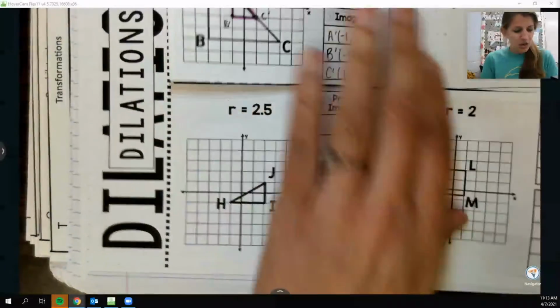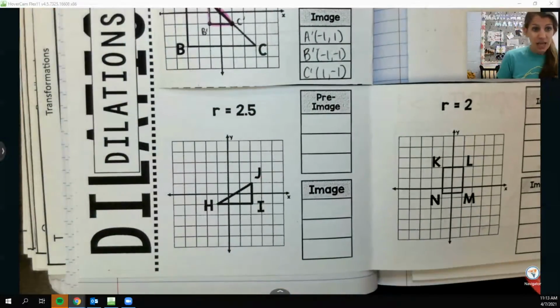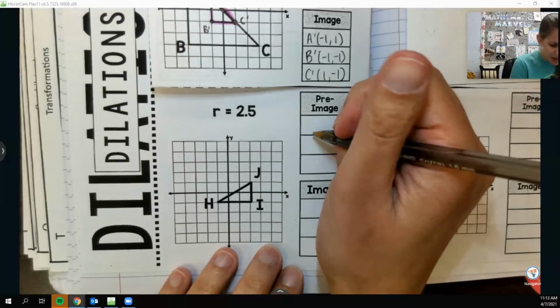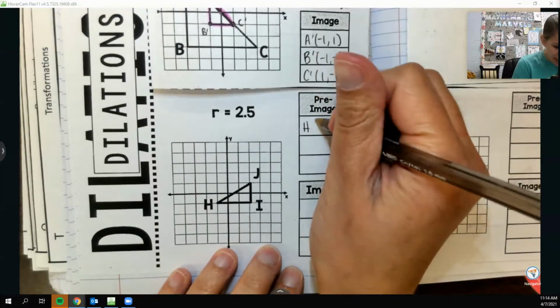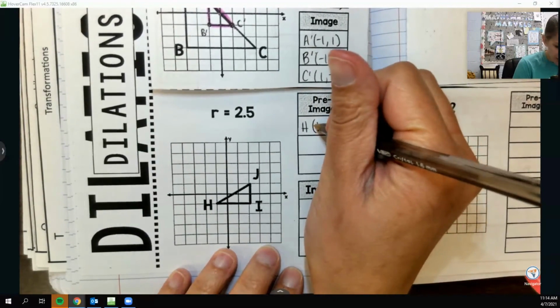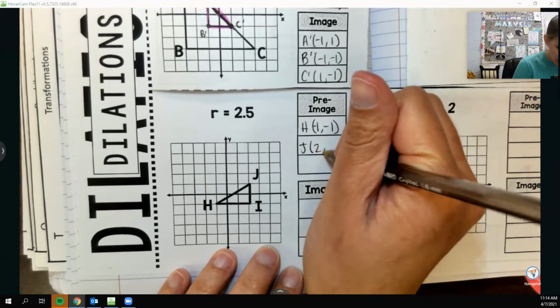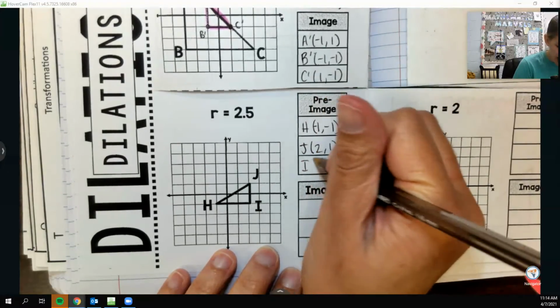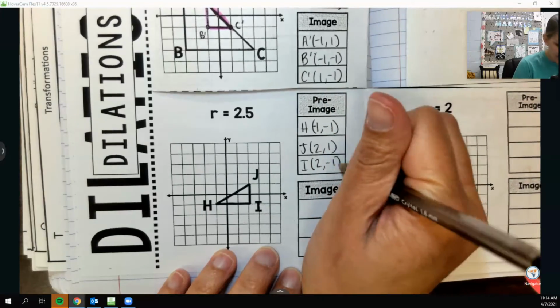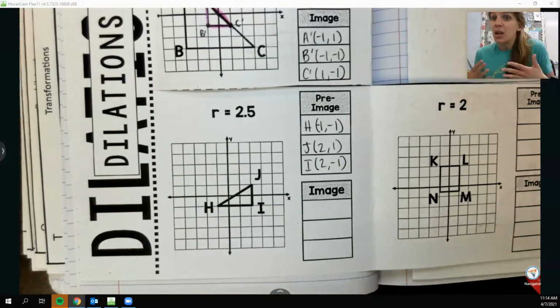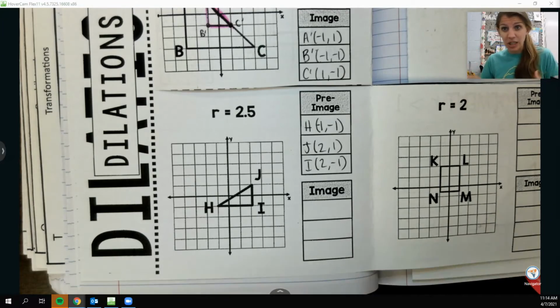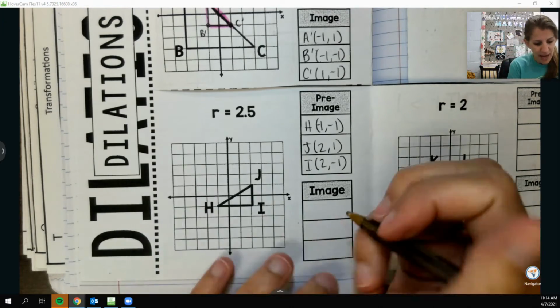Alrighty, so if we now do a scale factor of 2.5, if we write out our points, H is at negative 1 comma negative 1, J is at 2 comma 1, and I is at 2 comma negative 1. Since it's bigger than 1, I am enlarging, so it will get bigger by 2.5.